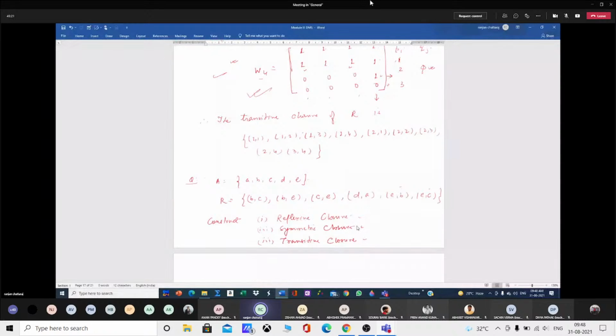Is it clear? Try to solve it. You may try questions number 25, 26, and very important is question number 29.